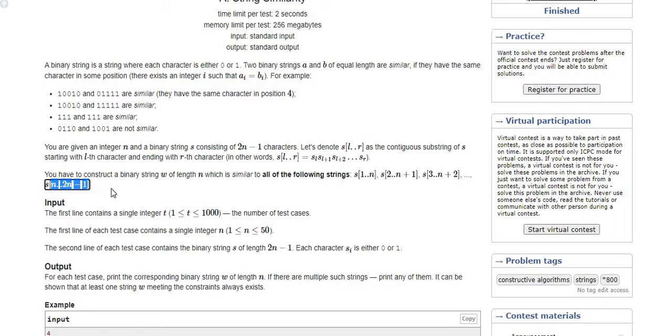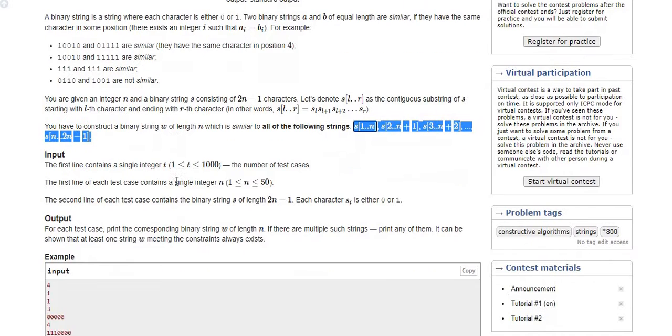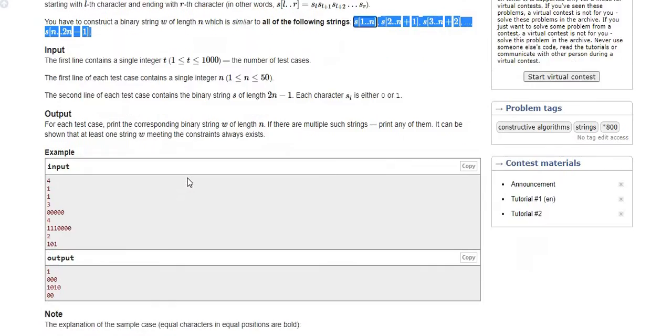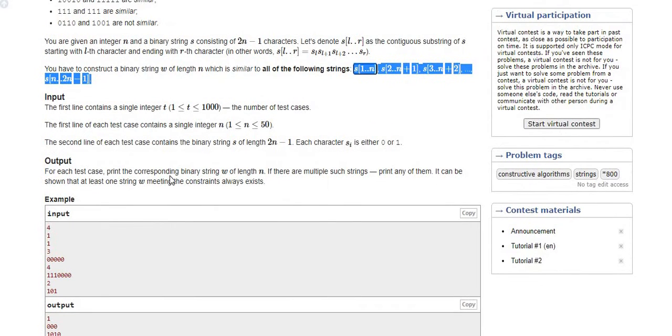We have to form these many strings out of s, and each string will be compared against w. And we have to return the output, the string w that is similar to all of them.